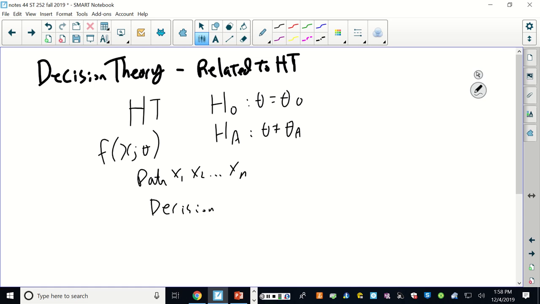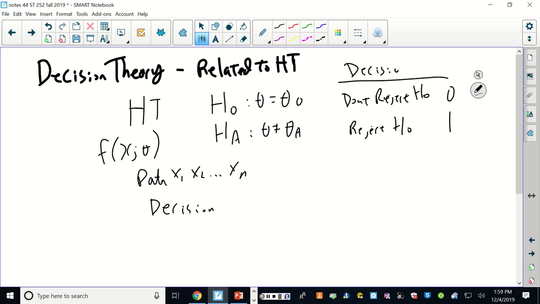We either reject H0 and conclude that the alternative is best, maybe given a value of 1, or we don't reject, maybe given a value of 0. So these are the possible decisions that we can make.